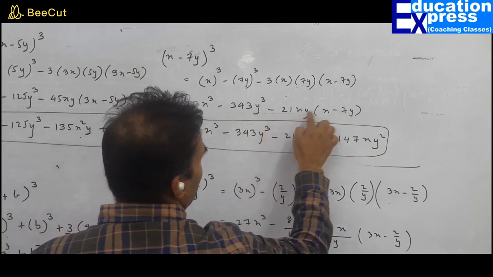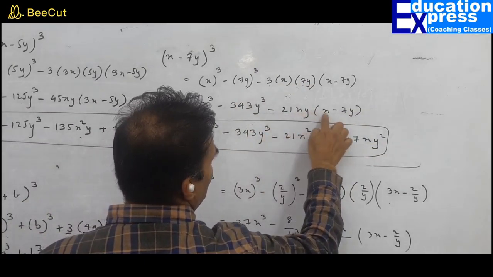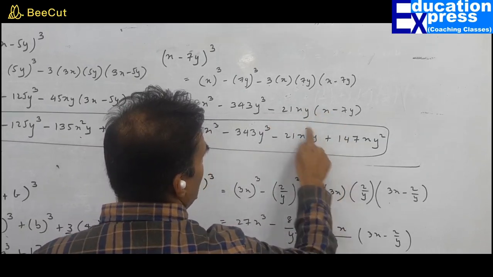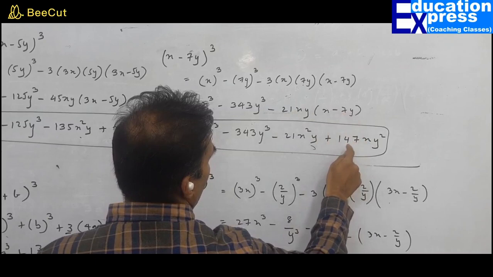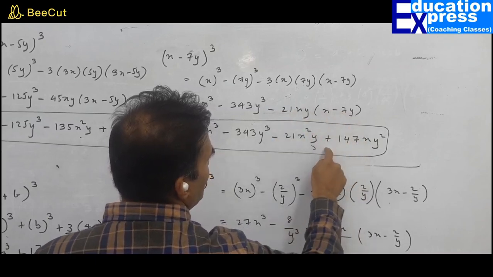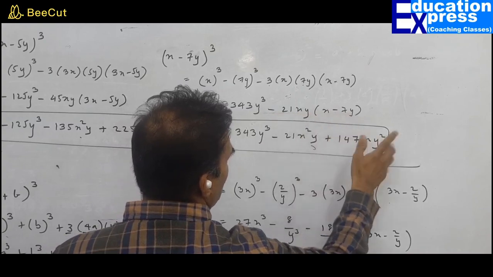Now 21x multiplied by x is 21x square y. Minus becomes plus. 21 into 7, 147. Minus becomes plus. x, y becomes y square.